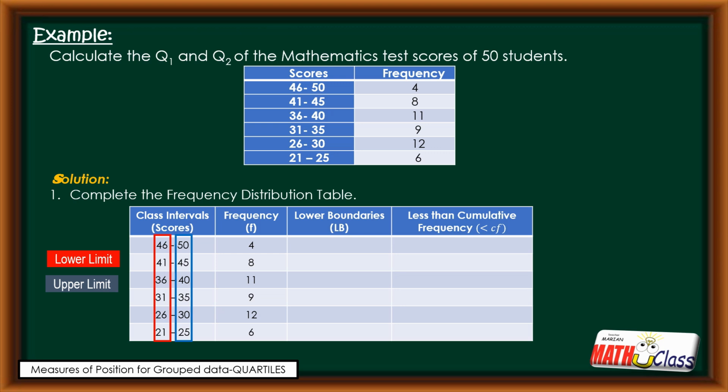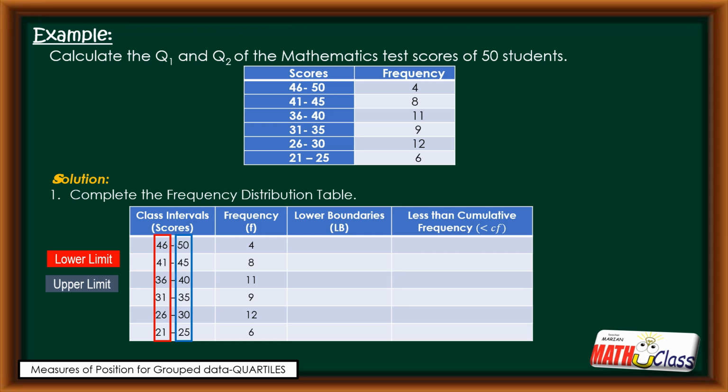While frequency is the number of times the observation occurred or was recorded in an experiment or study. So for the class interval 21 to 25, it means there were 6 students who got a score of 21 to 25. Same goes for the other entries in the frequency column.